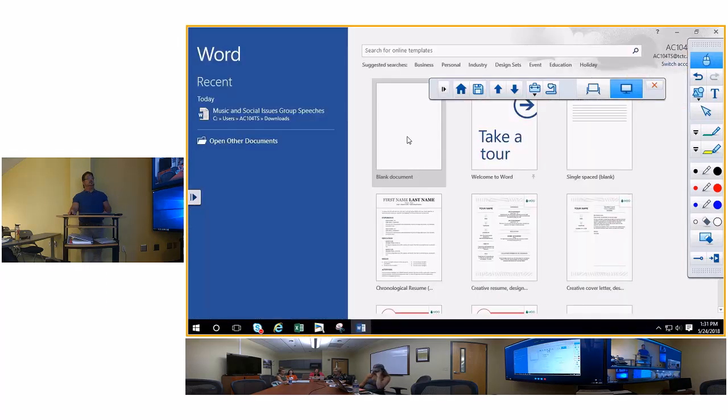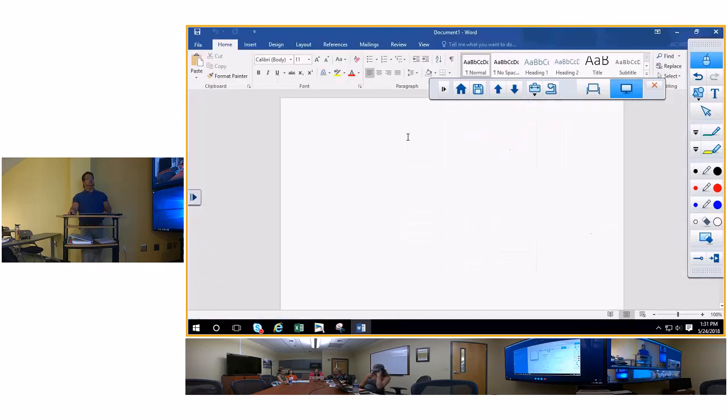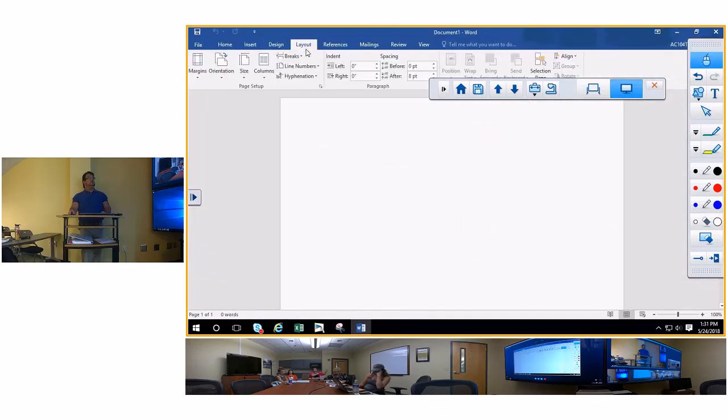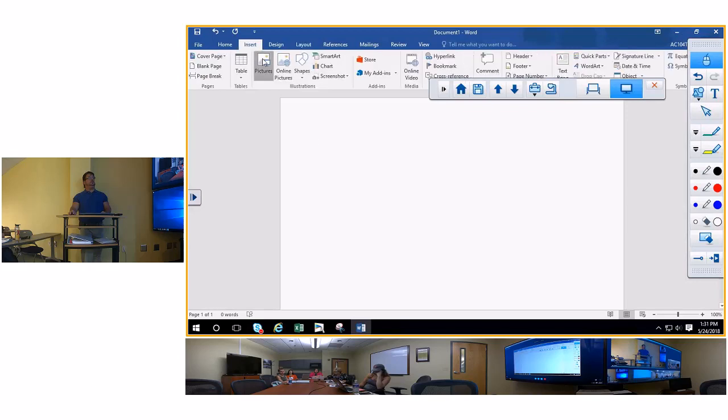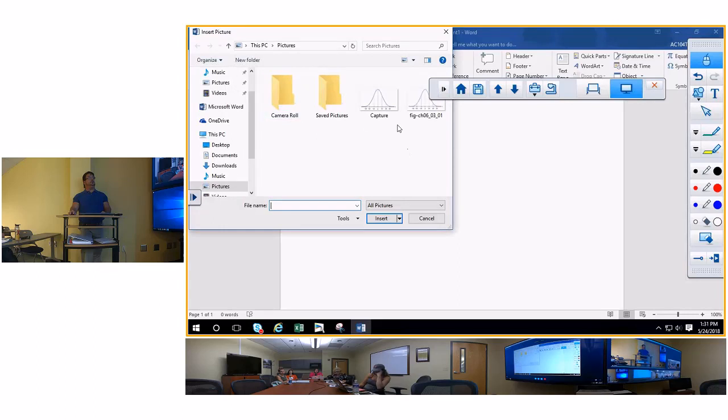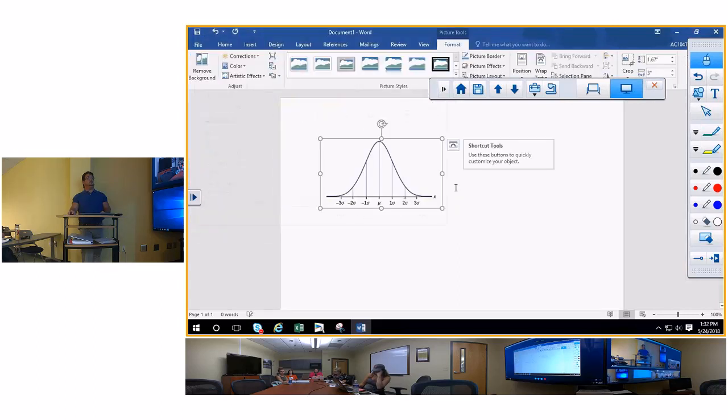And you make it into 2 columns. Okay, layout. Somebody tell me where the columns are. They are 2 columns. And then you can insert picture. We're up to 5 buttons now. There it is.